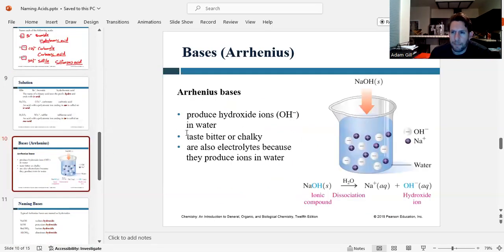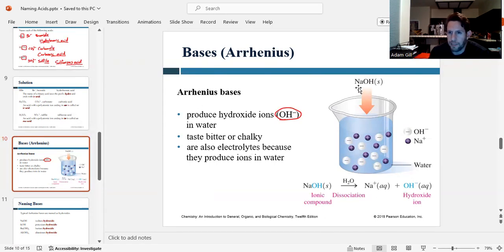Now, let's talk about bases. Arrhenius defined a base as anything that produces hydroxide ions, OH minus. Now, bases taste bitter or chalky. They feel soapy in your hands. And they're technically also electrolytes because they produce ions when dissolved in water.